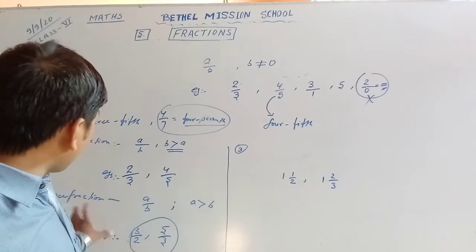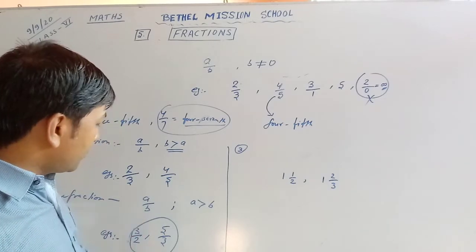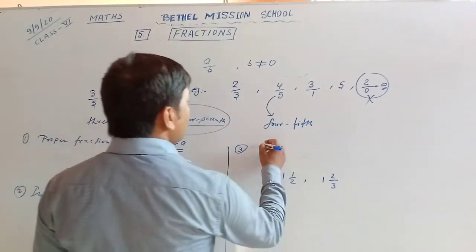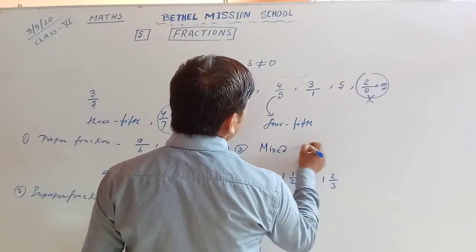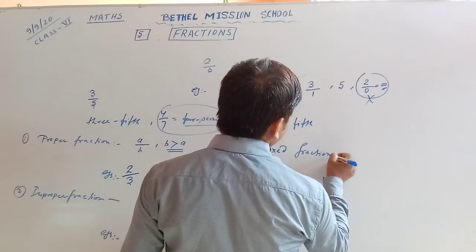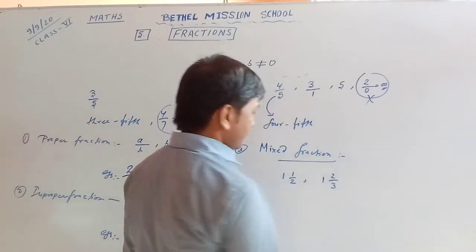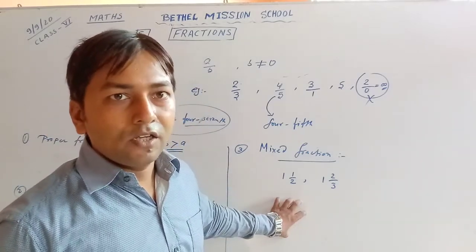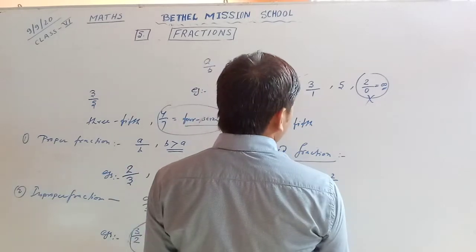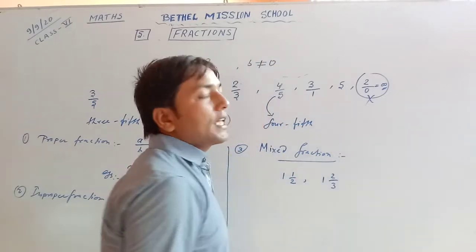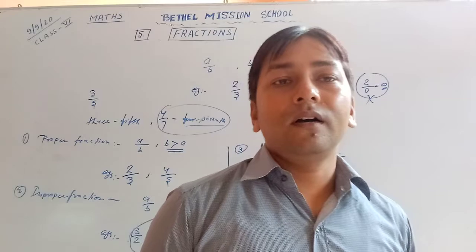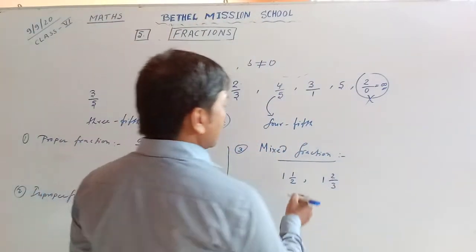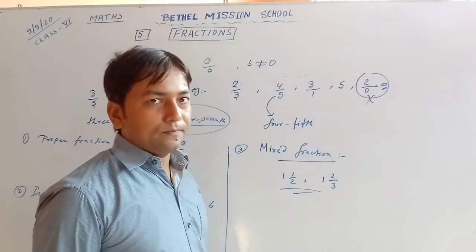When an improper fraction is given, and you divide and get a mixed number, these are called mixed fractions. What is called a mixed fraction? These numbers are called mixed fractions. These are the examples of mixed fractions.